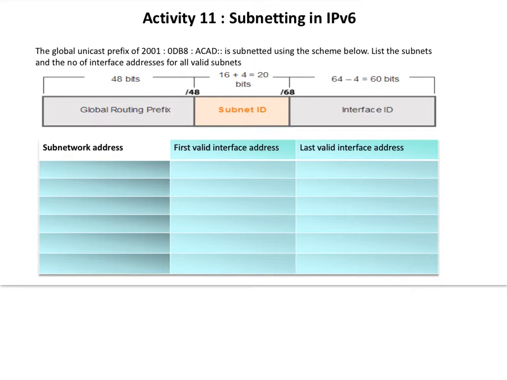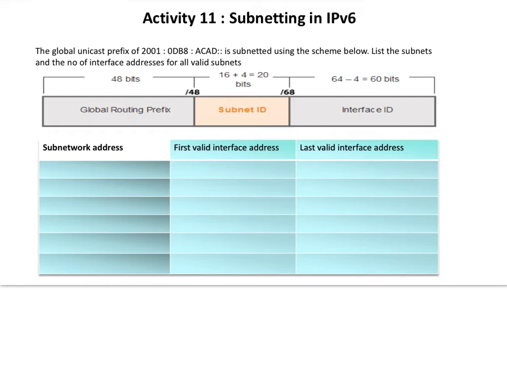Okay? If we put the interface ID part, which in IPv4 was called the host part, right? If we put this all ones, that's a valid interface address. It's not a broadcast address. Okay? Therefore, for each subnet, the number of valid interface addresses is actually 2 to the power these number of bits minus 1, not minus 2.